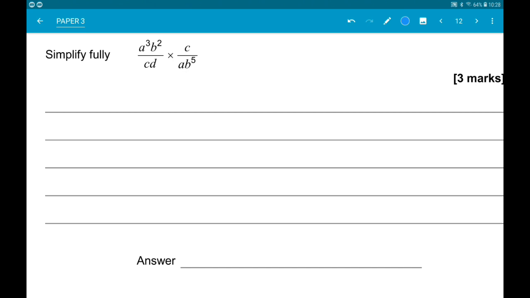Okay, so first up, let's do the multiplication. So we have a cubed b squared c over ab to the 5 cd.